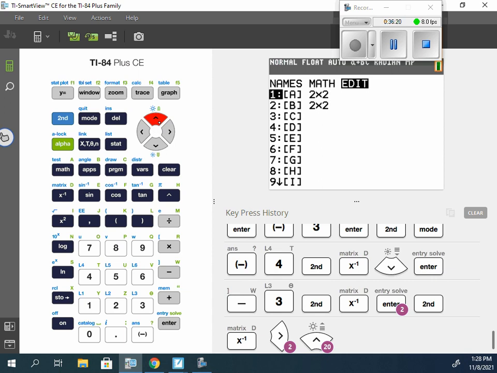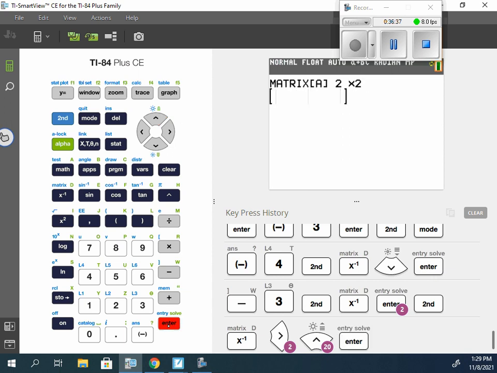But we can still use A and B, yes? If it's better to keep track when doing multiple things, you can write A and B above the matrices to remind yourself which one we defined. So we can define matrix x as A. We hit enter. It is a 2 by 2.